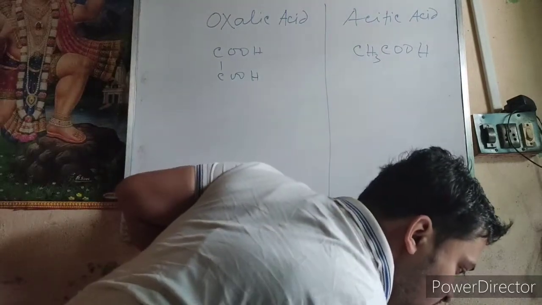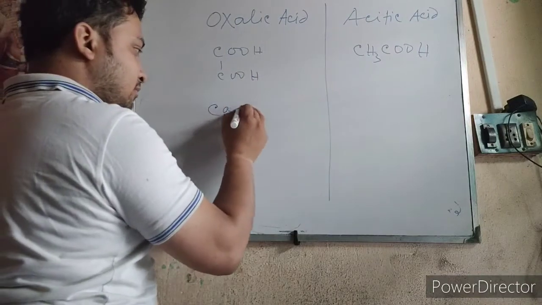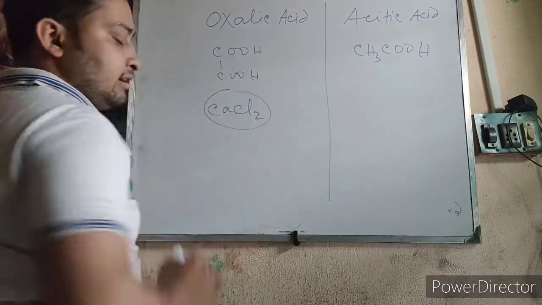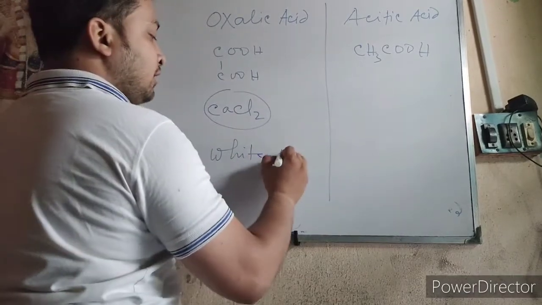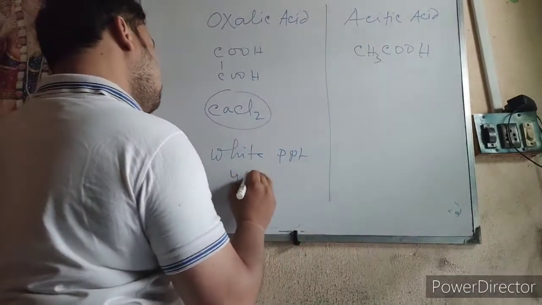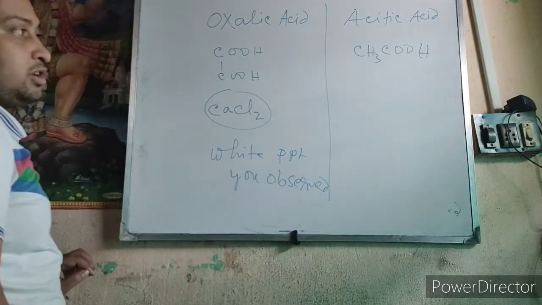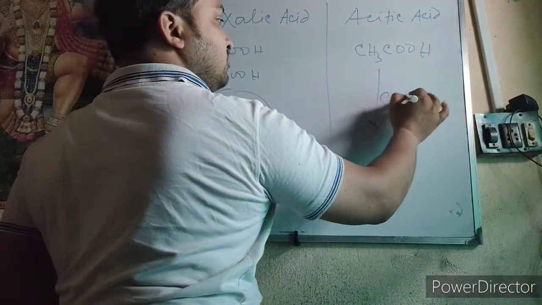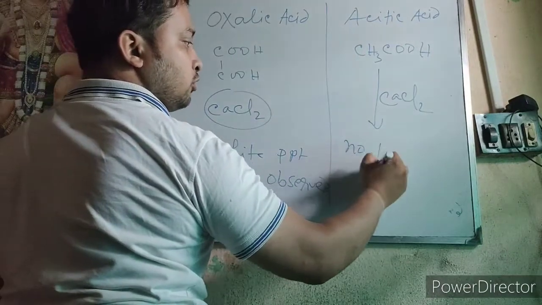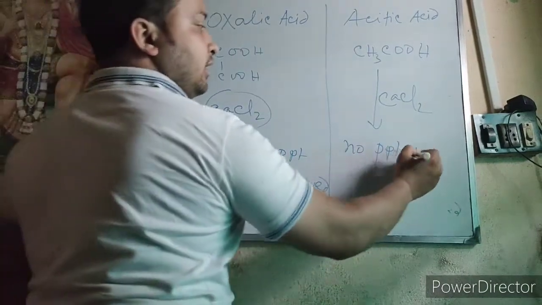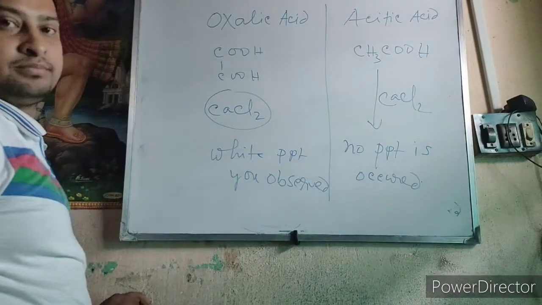What is the chemical difference? If you use calcium chloride, CaCl2, with oxalic acid you observe a white precipitate, but with acetic acid no precipitate occurs. This is very important.